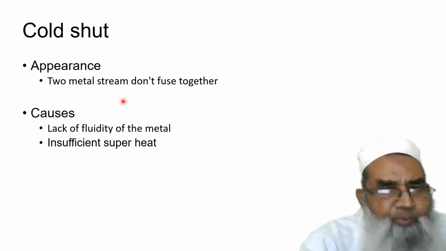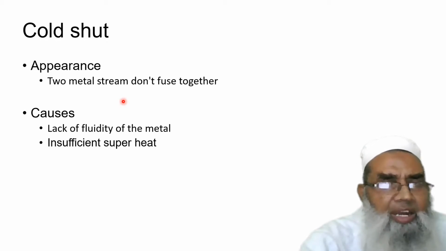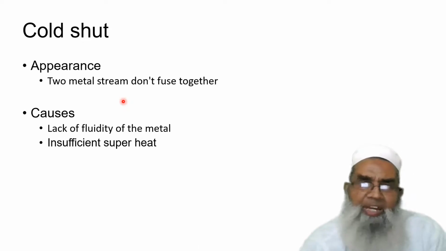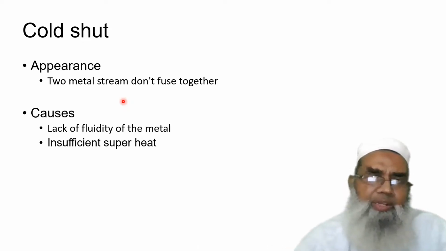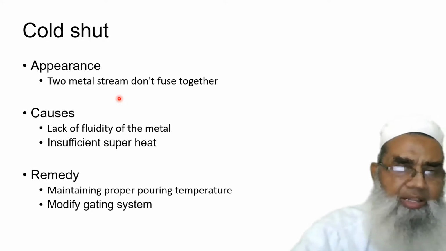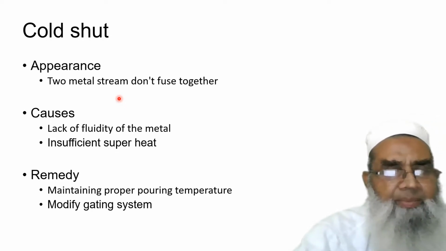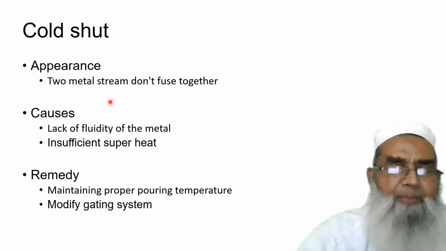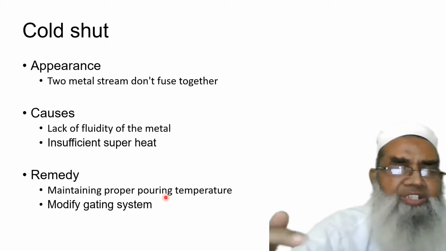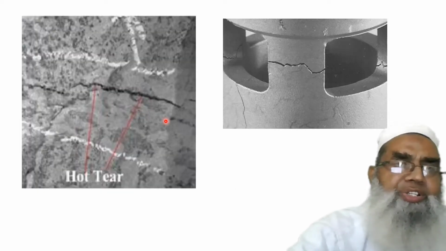Lack of fluidity of the metal and insufficient superheat do not allow the two metal streams to melt together and cause the cold shut. Therefore maintaining proper pouring temperature and modifying the gating system, that means increasing superheat, etc., we can avoid the cold shut.